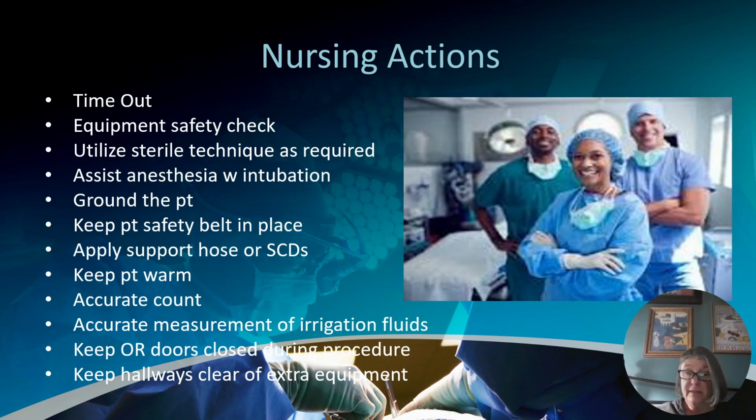And then equipment safety checks, utilize sterile technique as required, assist anesthesia with intubation, ground the patient, keep patient safety belt in place. That safety belt is a belt on the OR table that goes across the thighs, okay? I've seen where there's 2 belts, before, but the book only mentioned the one that goes across the thighs.